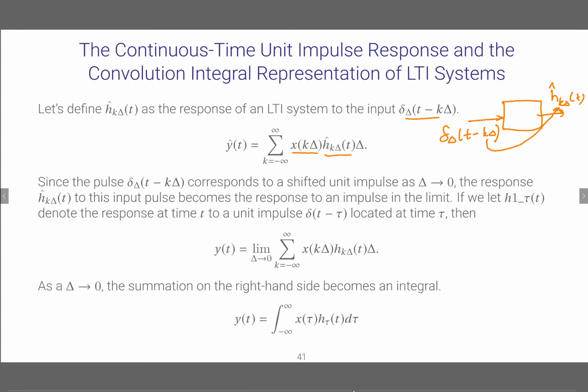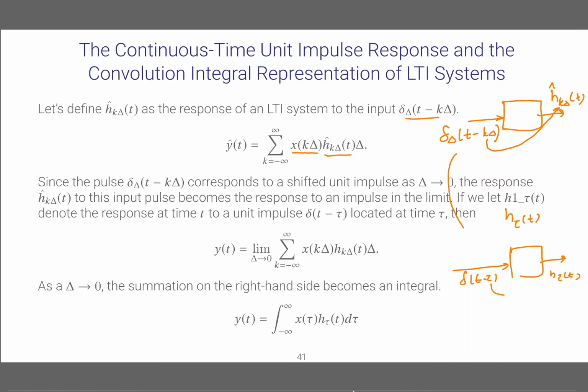So this is actually h_τ, I think. Yes. So in the limit, this we can write as δ(t − τ), and for that the output is h_τ(t).